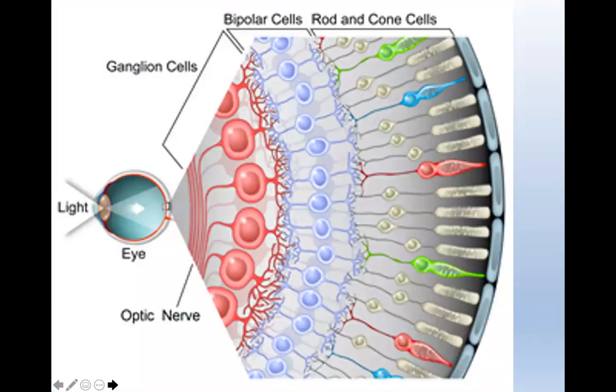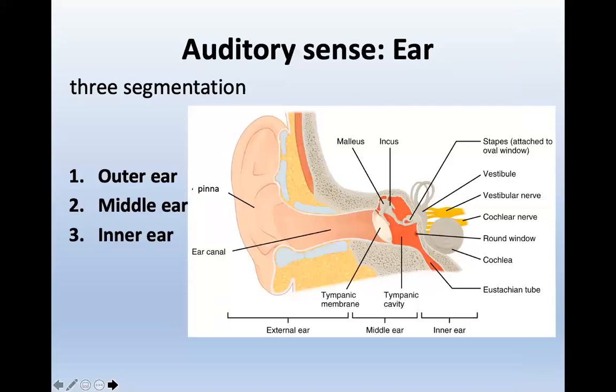So moving on to the last sense we're going to talk about, your sense of auditory, not vision, sorry. Your ears are broken down into three parts: what we identify as the external or outer ear, the middle ear, and the inner or internal ear.